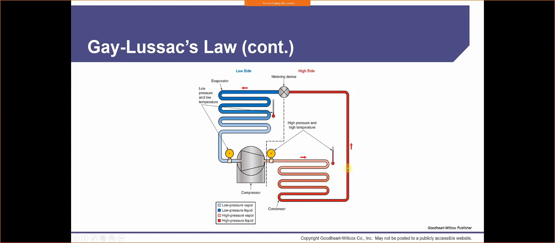The hot liquid comes back. The metering device basically restricts the amount of refrigerant that's able to flow back to the evaporator. By doing so, it's just like a little tiny hole, we'll just say, hits that, and all of a sudden it just sort of flashes, almost entirely, but we have a liquid state still.